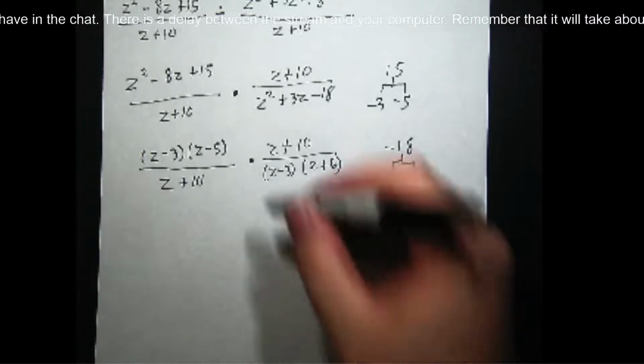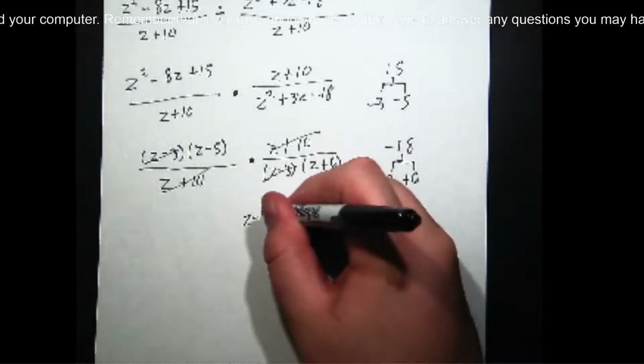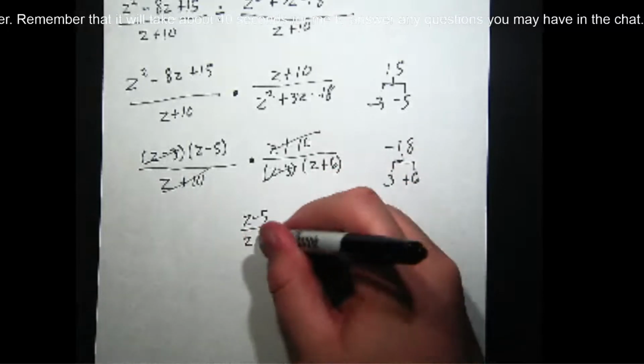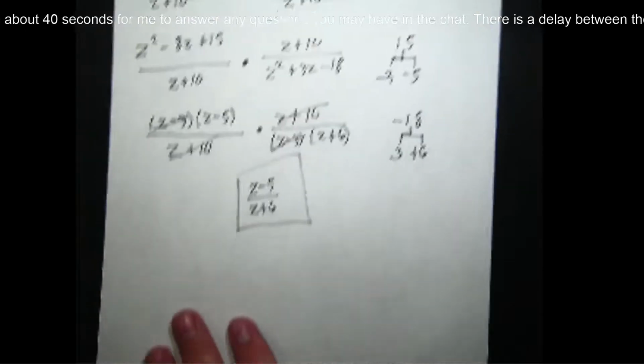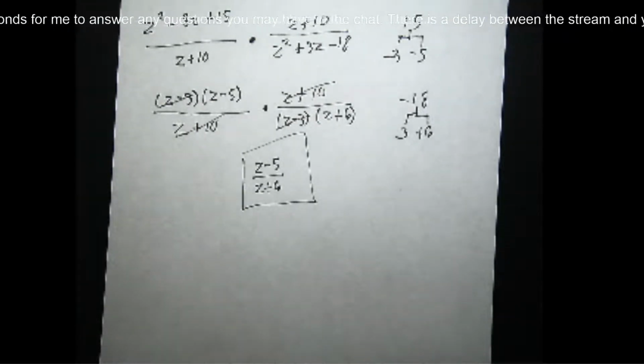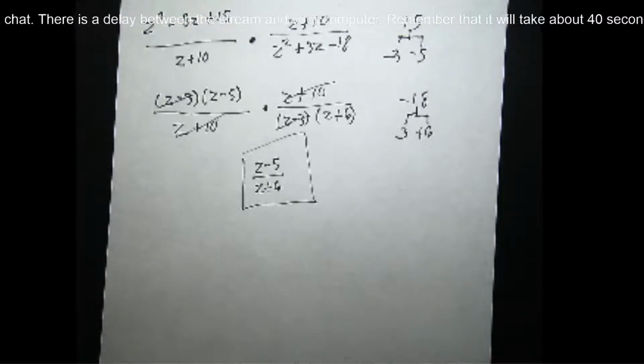Yeah, z minus 3. Is there anything else I can cancel out? Anything else? No. Okay, good. So, on top I'm left with z minus 5, and on bottom I'm left with z plus 6. And there we go. I wasn't looking for a domain on this one, just wanted the simplified form. Any questions? Any questions over the quiz at all? None? Okay, again, from what I saw, looked really good.